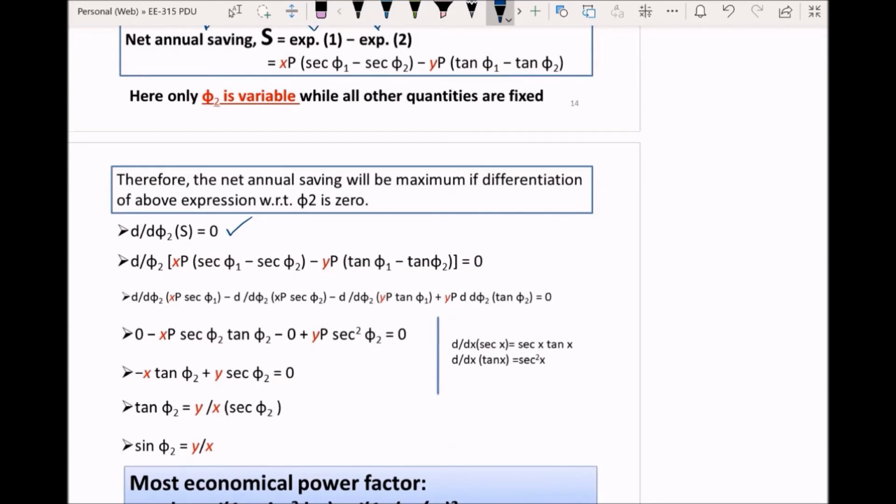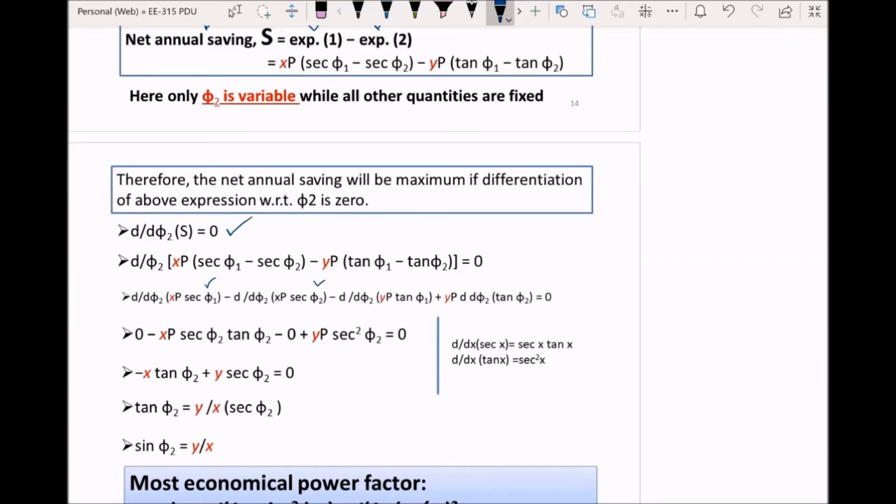If we plug in the values of S from the previous slide, it will be equal to this, and the differential expression can be segregated in the form of angle phi 1 and phi 2.